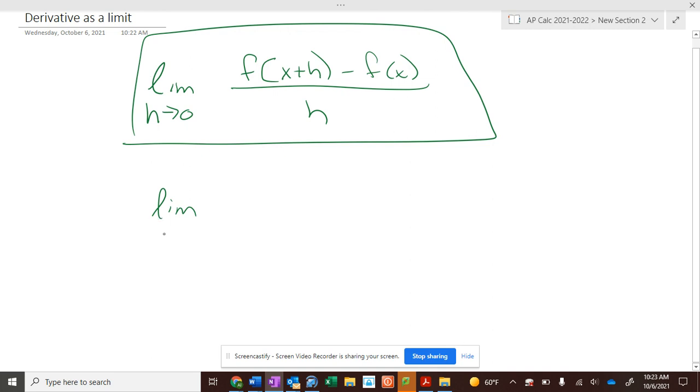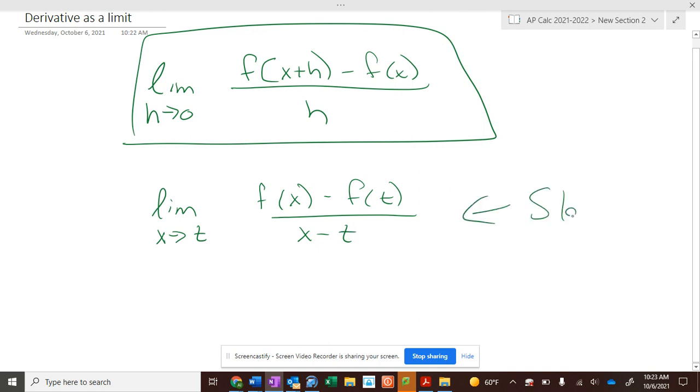The limit as x approaches a number like t of f of x minus f of t all over x minus t, okay? Which is basically the slope formula, where you have x and f of x, and t and f of t.